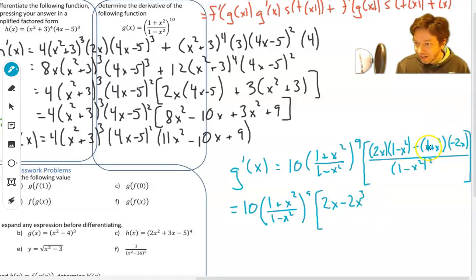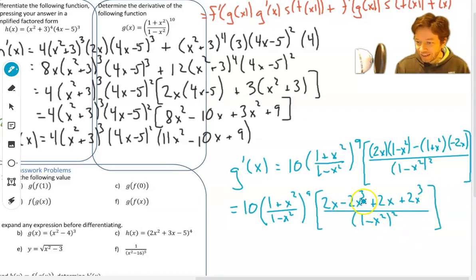And then we're going to have a negative 1 times negative 2x. So we're going to have plus 2x. And then negative x squared times negative 2x. So plus 2x cubed. All divided by, I'm just going to leave that as (1 minus x squared) squared.